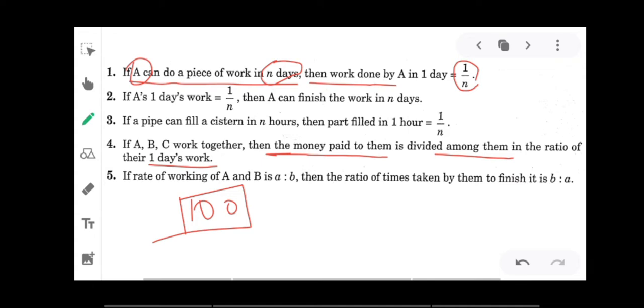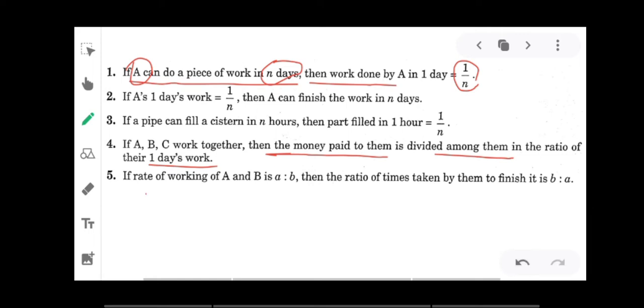For example, if their ratio of one day work equals 2:3:5, then 100 rupees will be divided among them in the ratio 2:3:5. Clear?